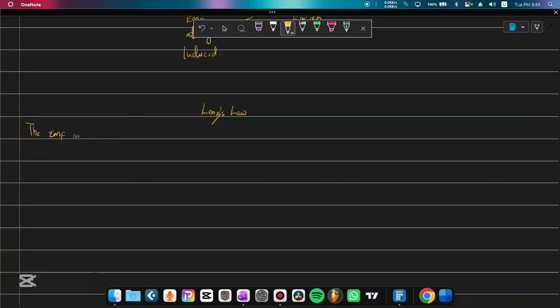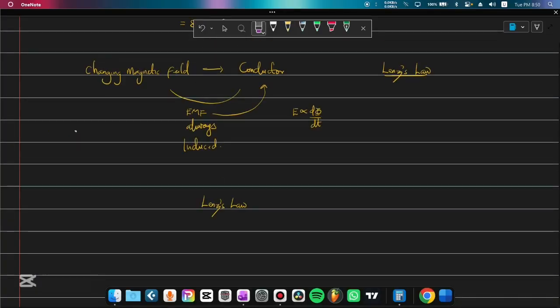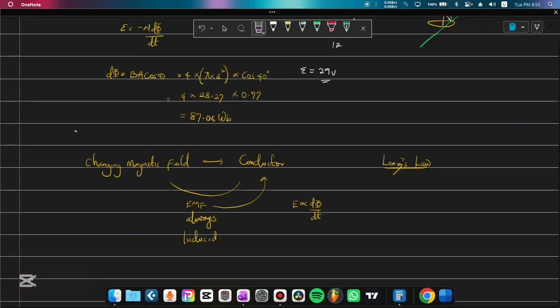in the conductor in the presence of a changing magnetic field. Let's study it little by little. Let's say it in a way that everybody can understand. Lenz told us that the EMF that is induced in the current carrying conductor is such that it opposes a change in the magnetic flux. So let's take it little by little.